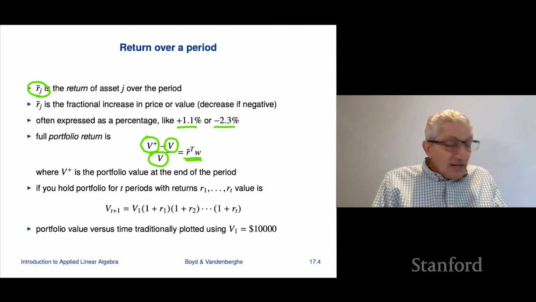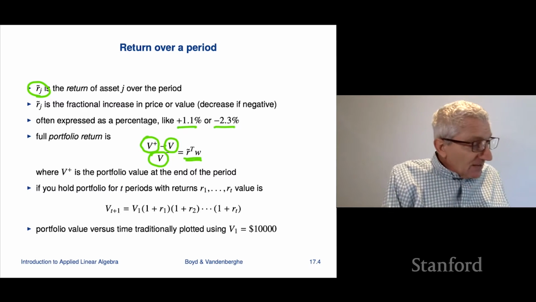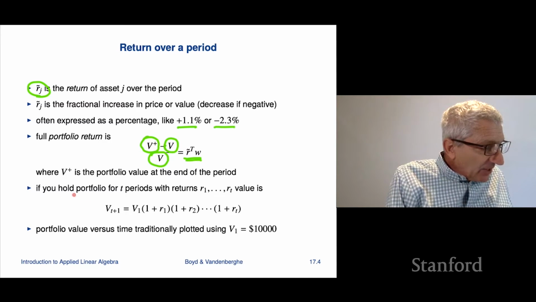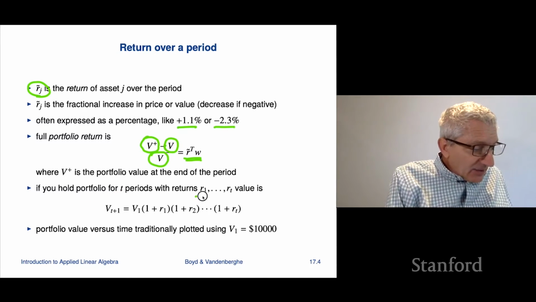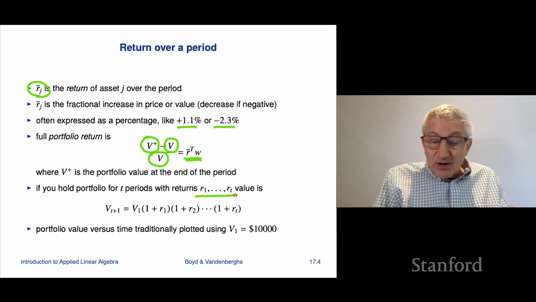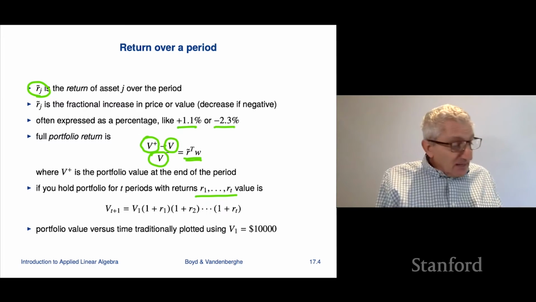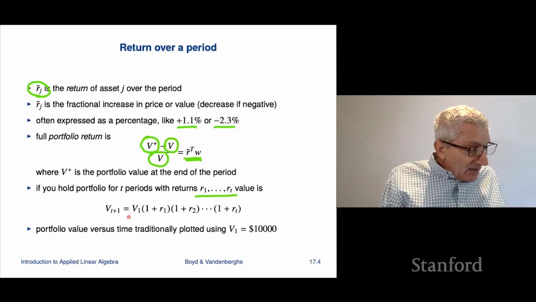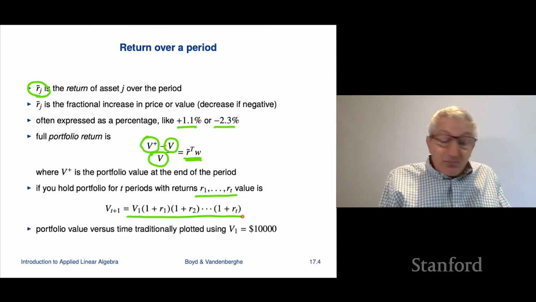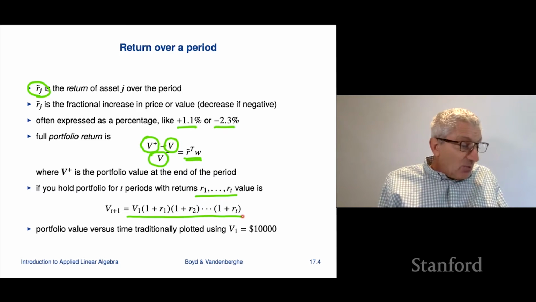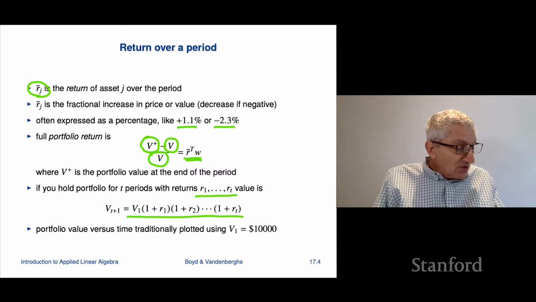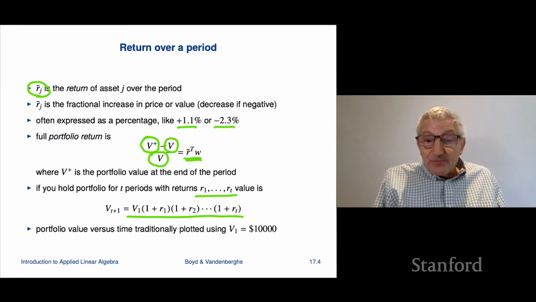Okay. Now, if you hold a portfolio for T periods, and the returns over those periods are r1, r2, r3, and so on, then the value at the end of the period is this. You take a product: it's V1 times (1 plus r1) times (1 plus r2), and so on.